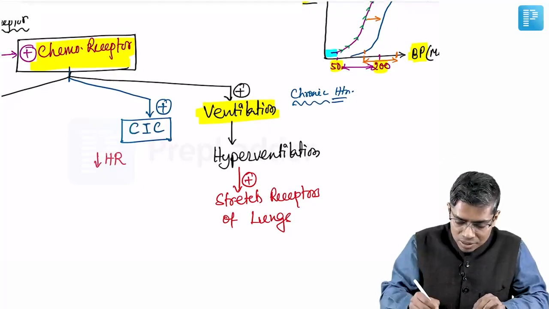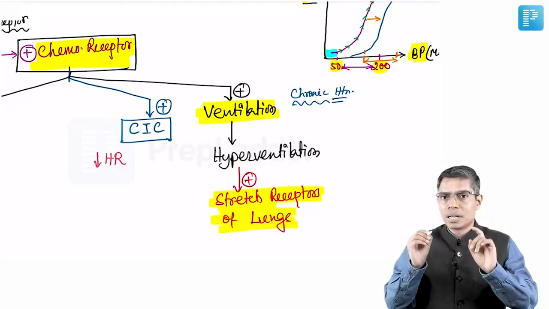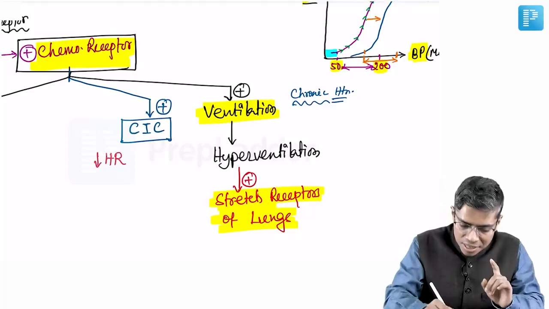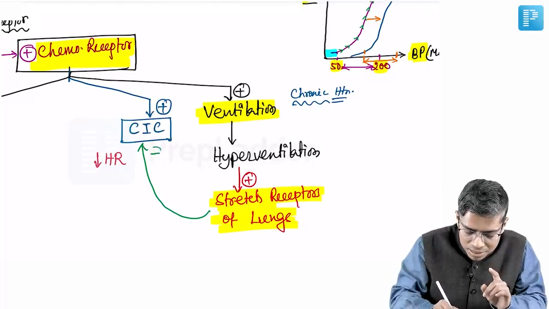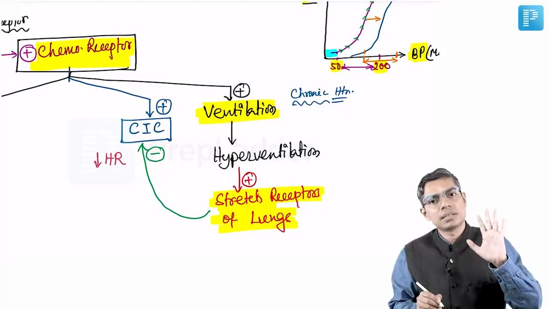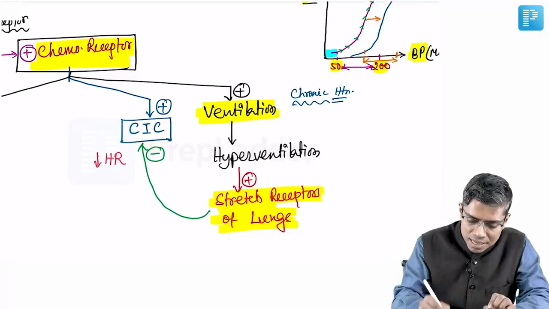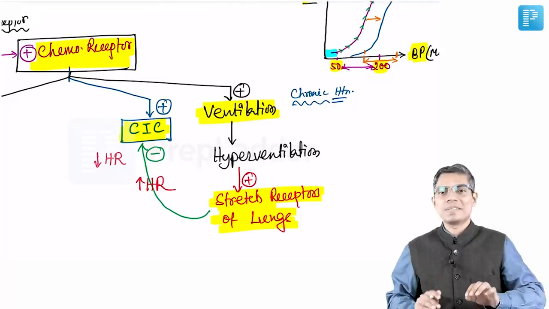That will activate the stretch receptor of the lung. When the stretch receptor of the lung is activated, it has an inhibitory effect on the cardiac inhibitory center or parasympathetic center. So whenever you inhibit this CIC, what will happen to your heart rate? Now the heart rate is going to be increased.